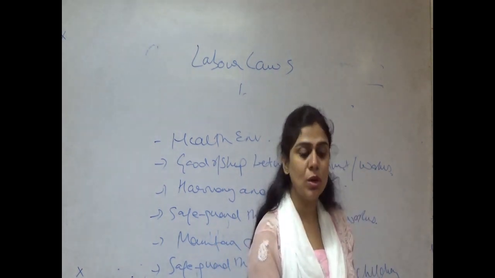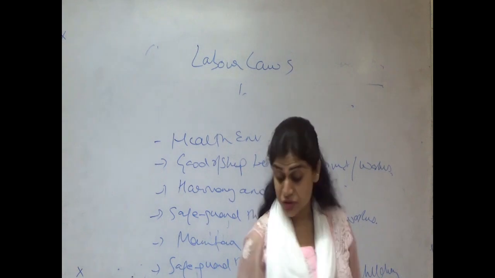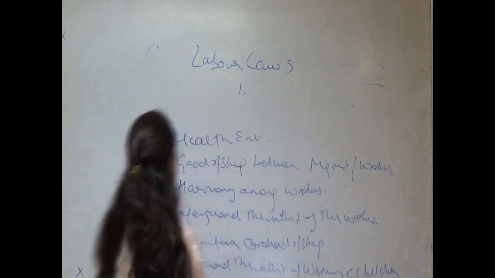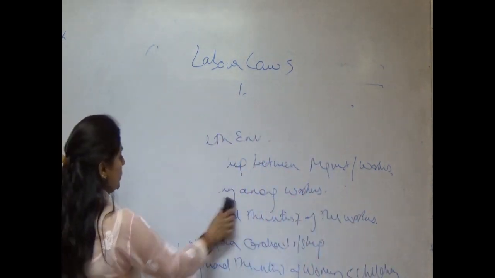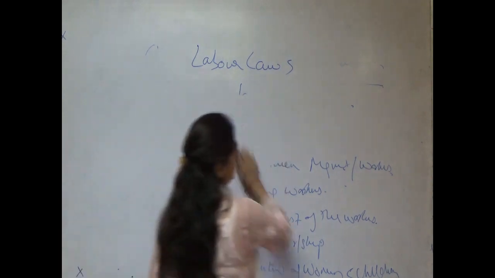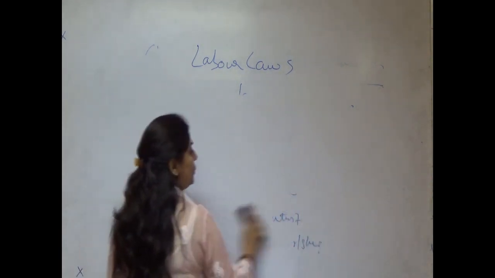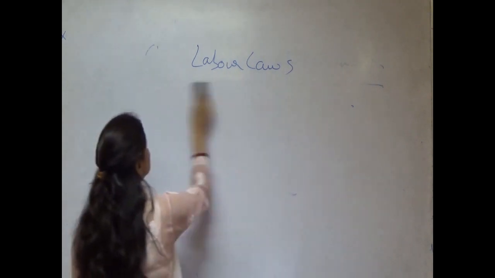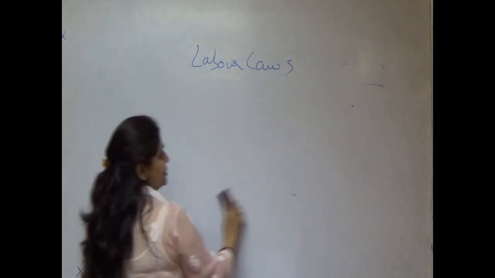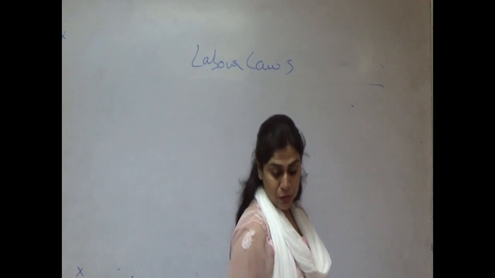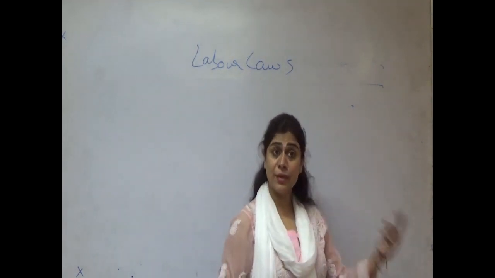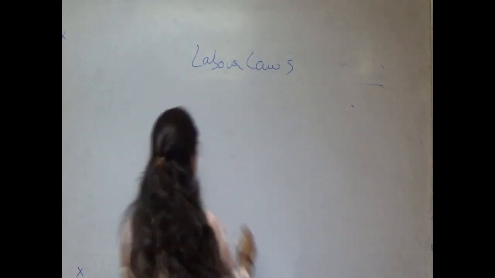From where did these laws come, how were these laws constituted, what was the background, what were the sources of these labor laws? We all know that Britishers ruled us for many years, so a lot of laws were inspired from their constitution.